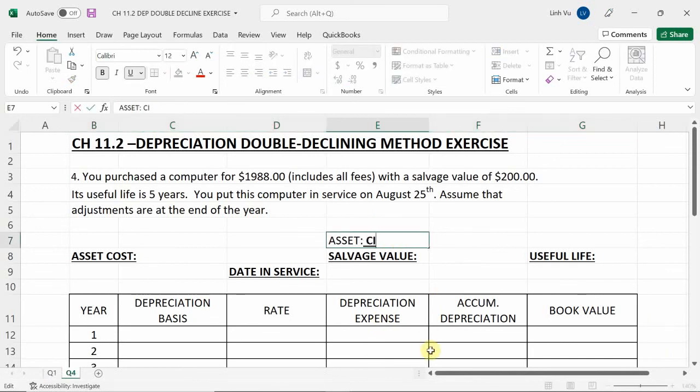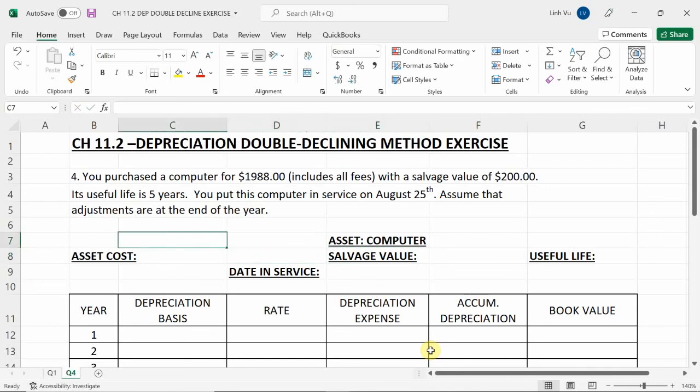How much is my computer worth? $1,988. Okay, what's my salvage value? 200. Okay, and what's my estimated useful life? 5 years.